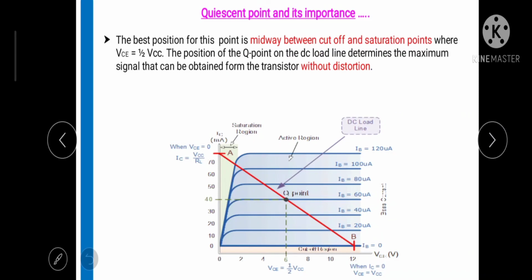The best position for this point is midway between the cutoff and saturation points, where the VCE value is equal to half of VCC. That again comes to this point.